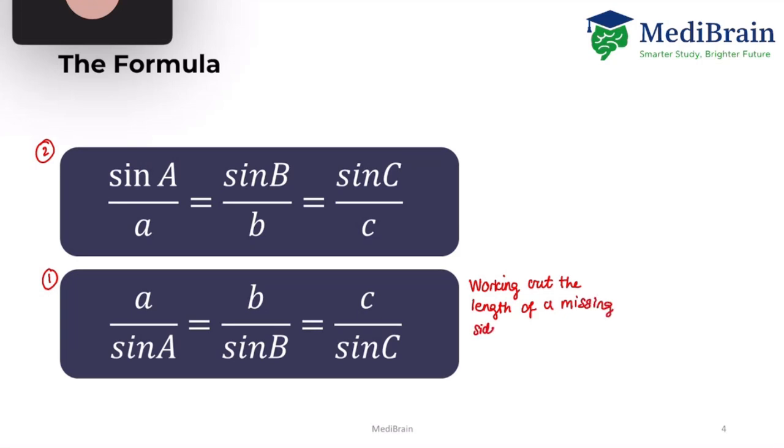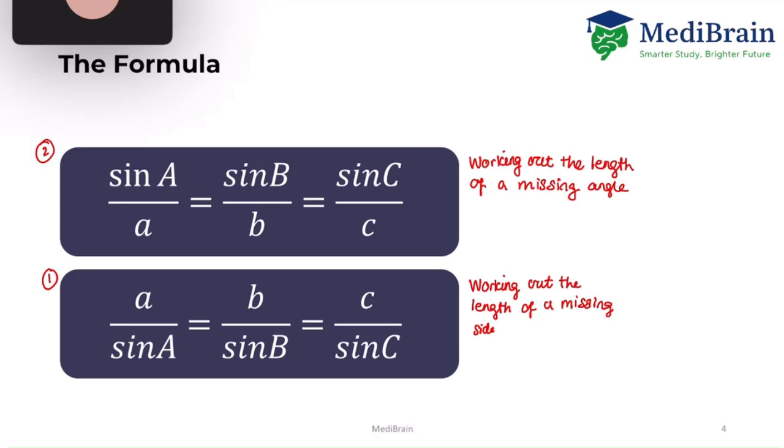And the formula at the top is the formula which we will use when we are working out the size of a missing angle. If you just learn one of the formulas, the other will be very easy to derive, because you just have to switch the numerators and the denominators around.